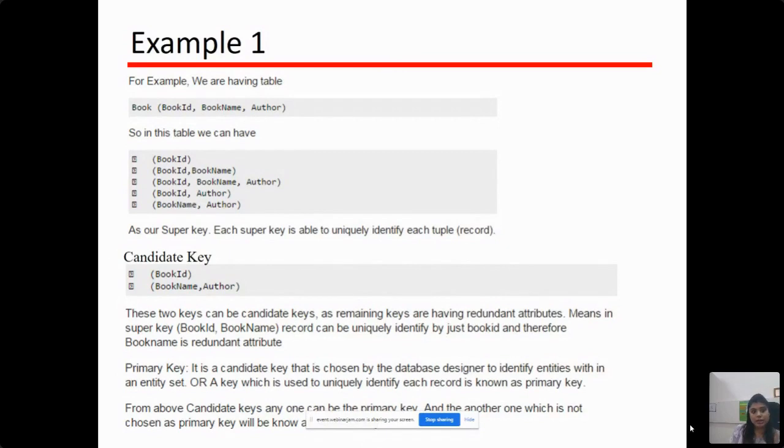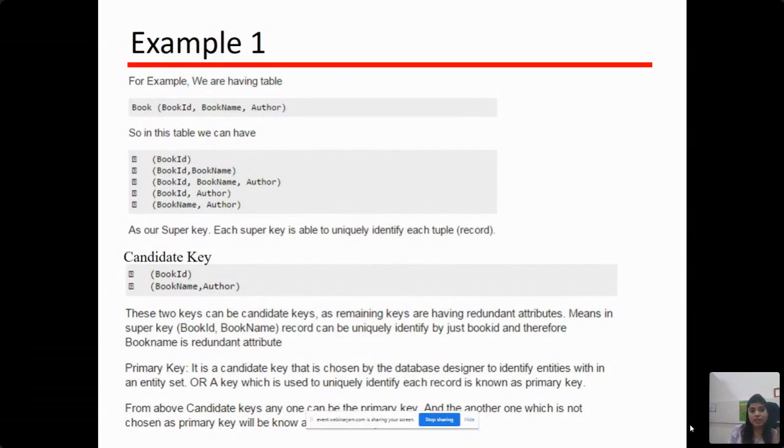I can take all three, book ID, book name, and author, to identify any entry from the table Book. Or if I don't take book ID and combine book name and author, then also I'll be able to find any entry. So these all are the super keys.